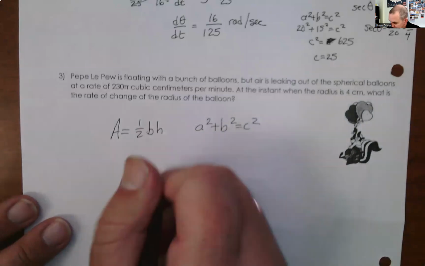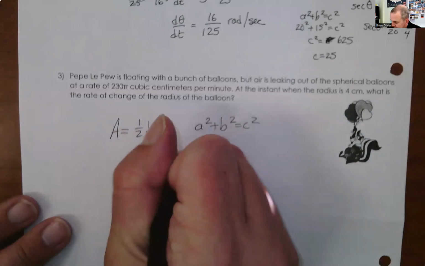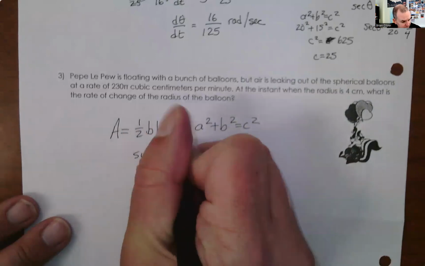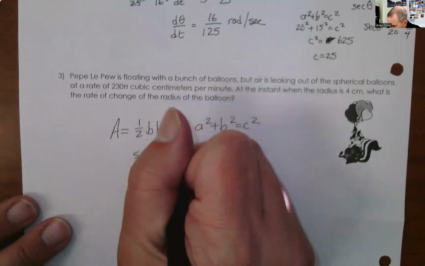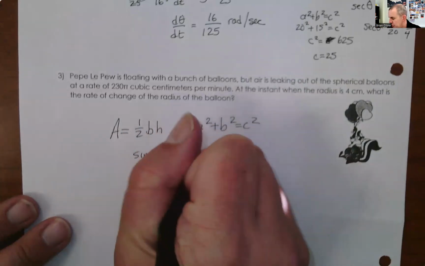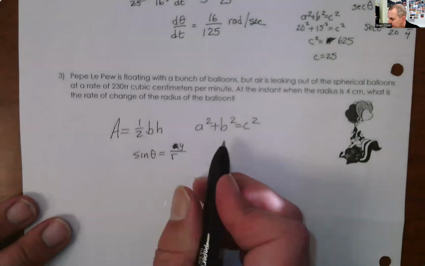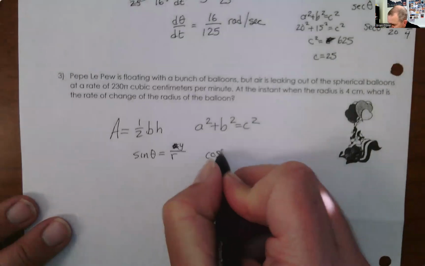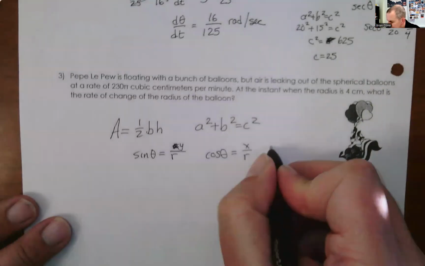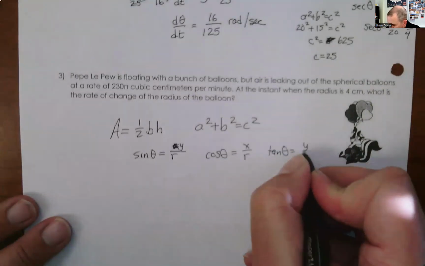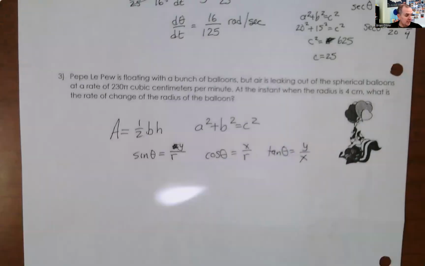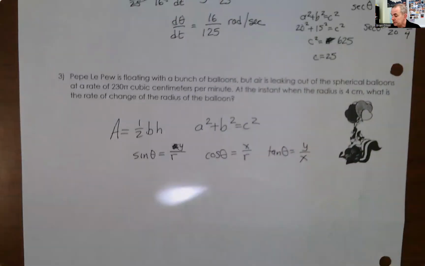You need to know your sine theta. It's y over r, my mistake, your y over your radius. The value of cosine theta is x over r. The value of tangent theta is y over x. You really should know those for this.